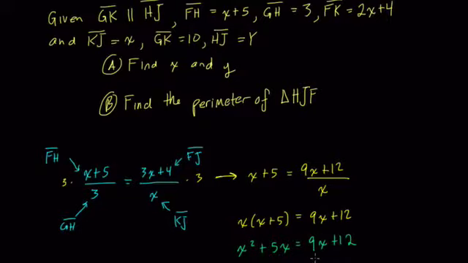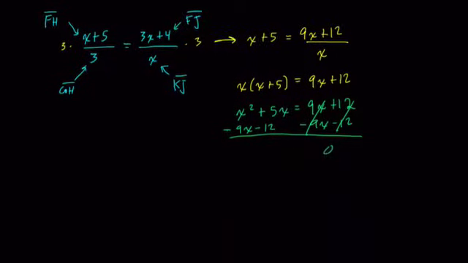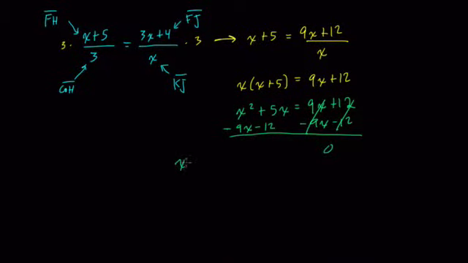Okay, so I'm going to subtract the 12 and subtract the 9x. Hopefully we can deal with this quadratic here, right? The second power is the quadratic. These all cancel. We get 0 on the right-hand side. Here we're going to get x squared minus 4x minus 12.